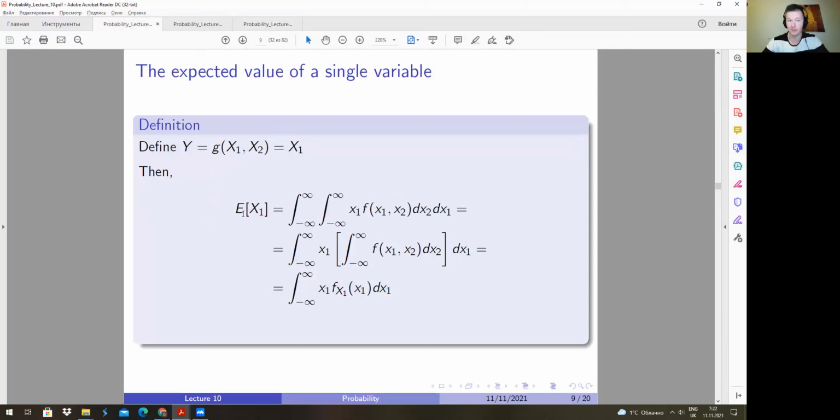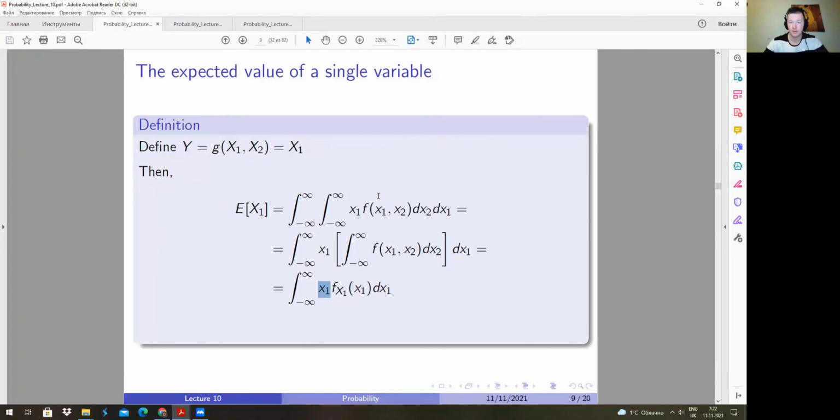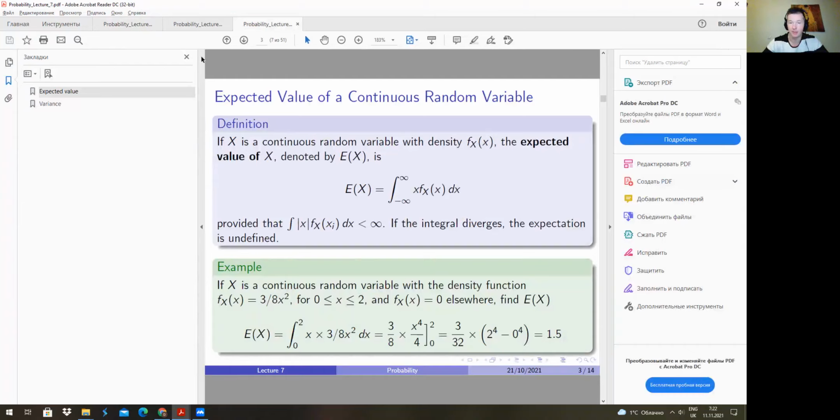And if I want to calculate the expected value of x1, I can either double integrate x1 multiplied by the joint density, or if I have the marginal density function, then I can simply calculate it in the same way as the usual case of an expected value. Well, yes, here is a comment that this integral in square brackets is the marginal density of x1, and finally the last expression represents the univariate case.